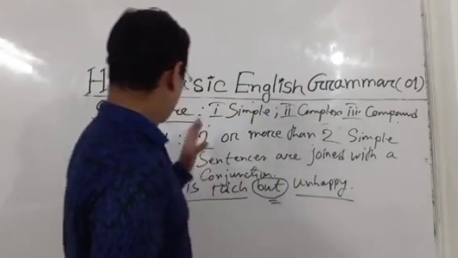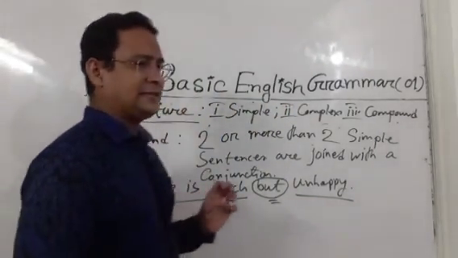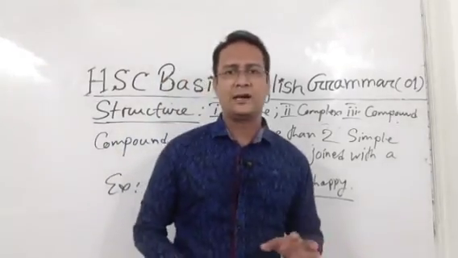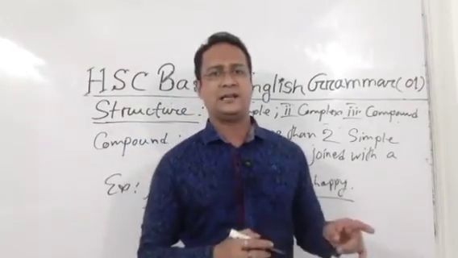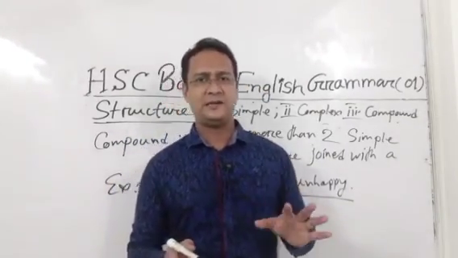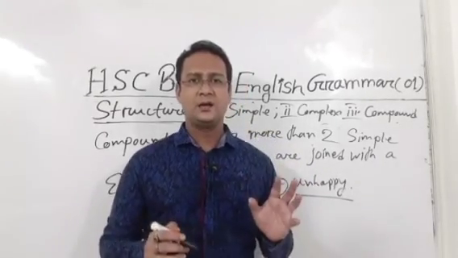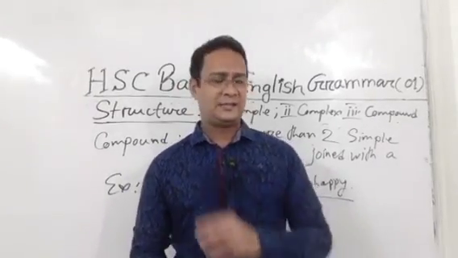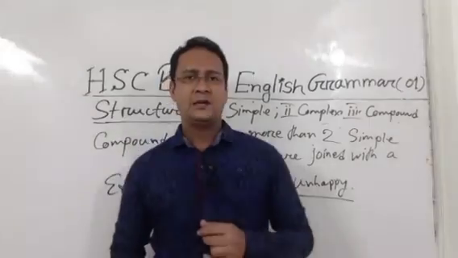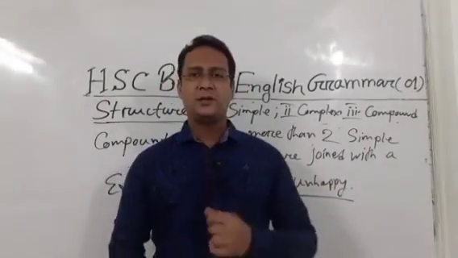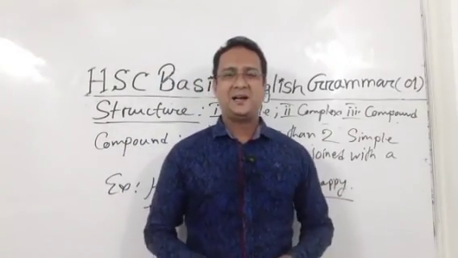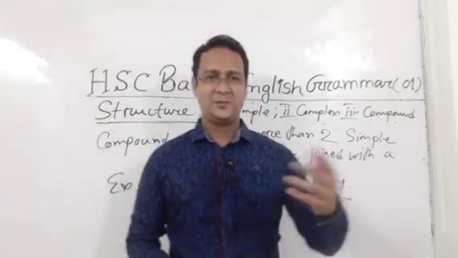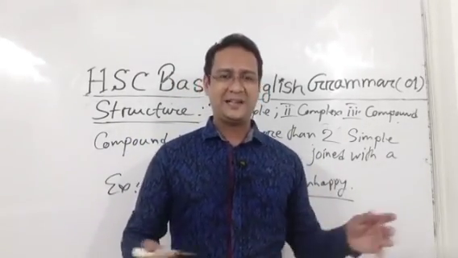Sentences are of two kinds, according to structure and according to meaning. According to meaning, sentences are 5 kinds, and according to structure, sentences are how many? 3 kinds. And I have shown on the board the structure with examples.